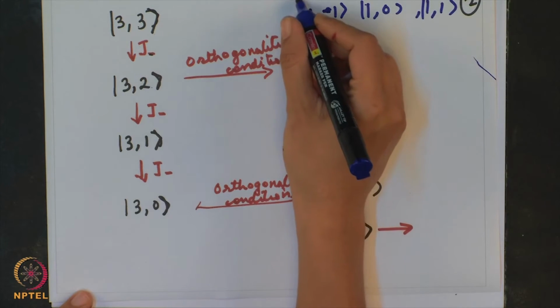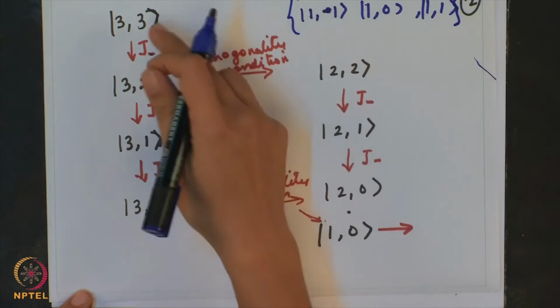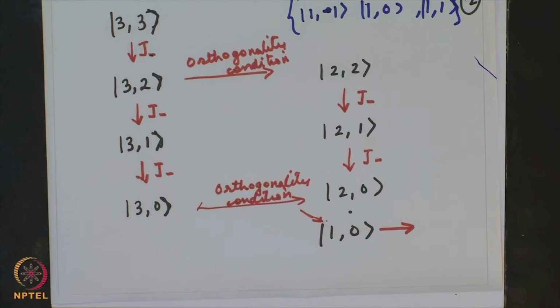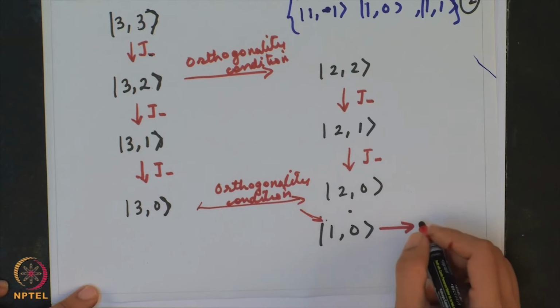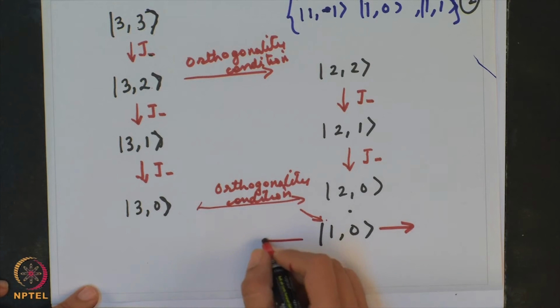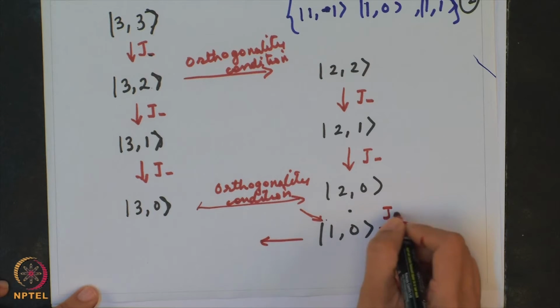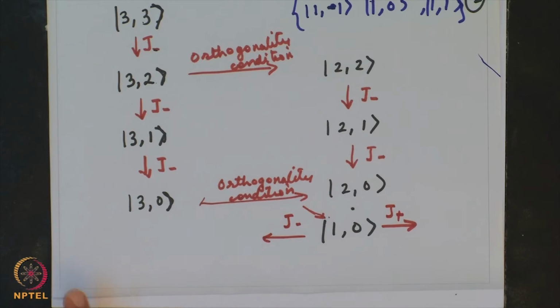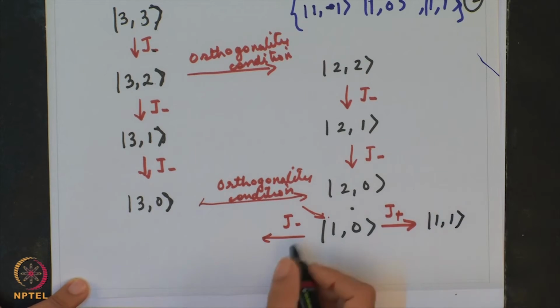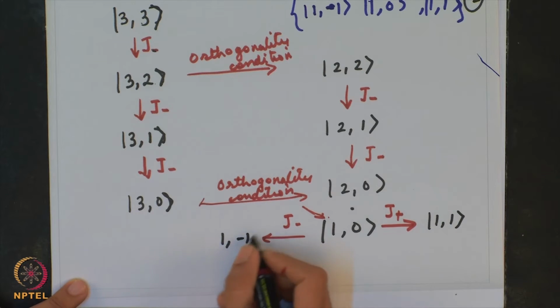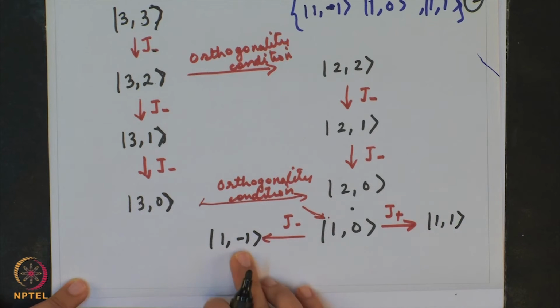These are the 3 states we need to determine, that is why we have to go through these steps. The other way would be to start from 0 0 and go up to the 1 1 state. So, I can go in 2 ways, I apply a J plus or I apply a J minus. When I apply a J plus, I obtain the 1 1 state. If I go backwards, I obtain the 1 minus 1 state.